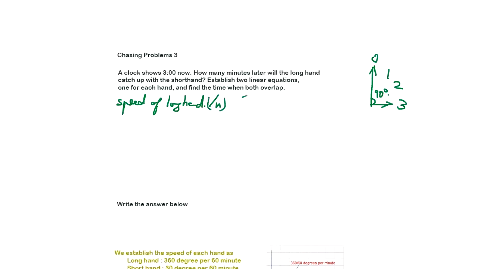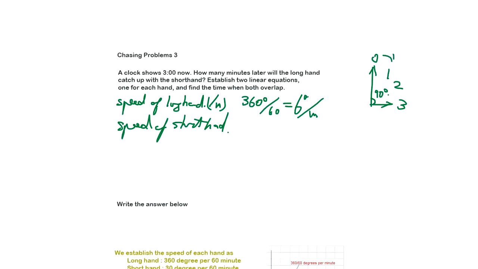Okay, 360 degrees in 60 minutes, so it's 6 degrees per minute, right? Okay, how about the short hand speed? The speed of the short hand, it moves only this much, right?